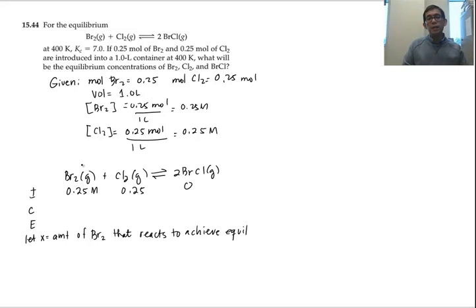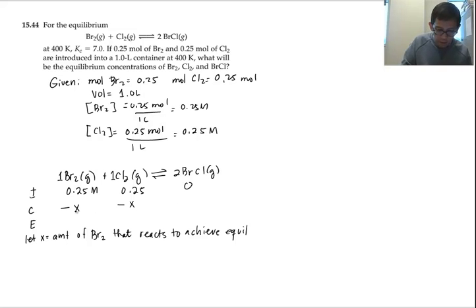So on the reactant side, the concentration decreases. On the product side, the concentration increases. So this is minus x, and you look at the coefficients. For every 1 Br2, you also consume 1 Cl2, so this is also minus x. On the product side, for every 1 Br2, you produce 2 BrCl.